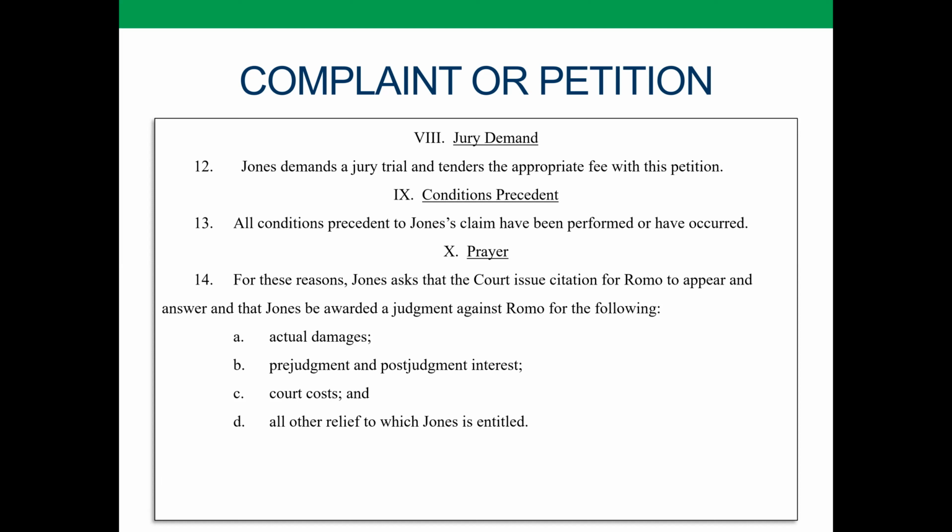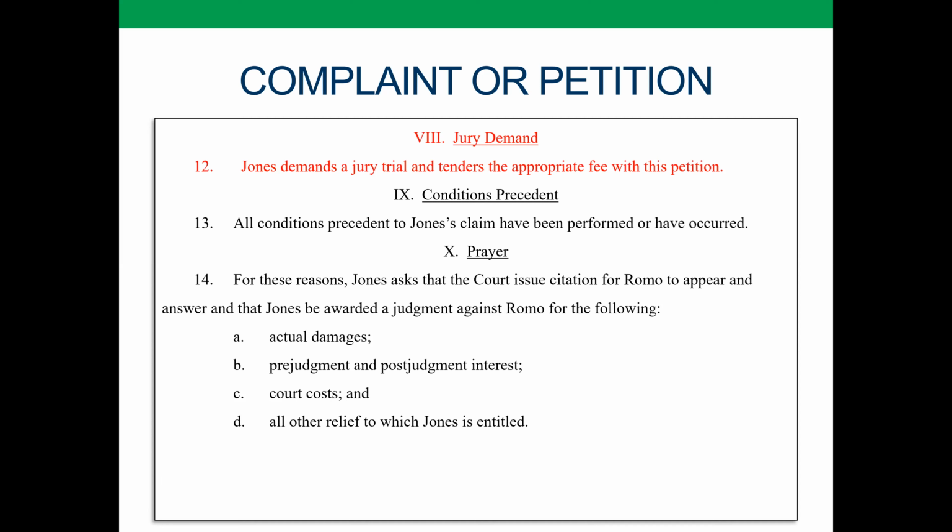Now notice here in the next section, Roman numeral 8 is the jury demand. For a party to be entitled, if the case goes to trial, to have the fact finder be a jury instead of just the judge, then that party has to make a timely written request with the court for a jury, for the case to be a jury case, or this is a jury demand.